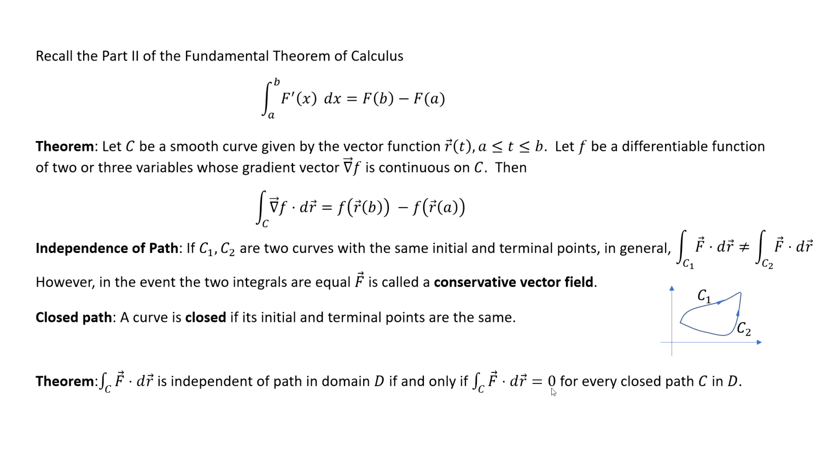And likewise, if every closed path that you find gives an integral of 0, that means if I take any 2 distinct points, it doesn't matter what path I take to go from one point on that closed thing to another point. That integral would be independent of the path as long as the initial and terminal points are the same. That's what this is saying.